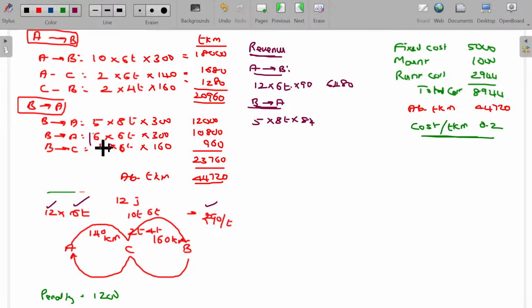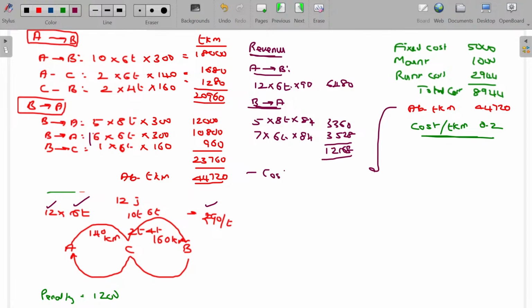Another 6 plus 1, 7 trips carrying 6 tons. In between, if they unload, we never reduce the price, so it remains the same. Here the value being 3,360, 3,528. So revenue being 12,168.